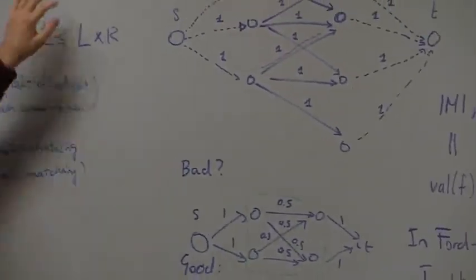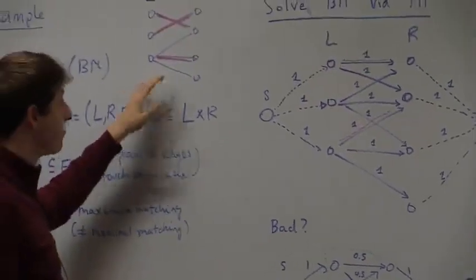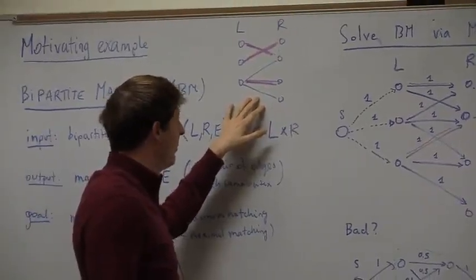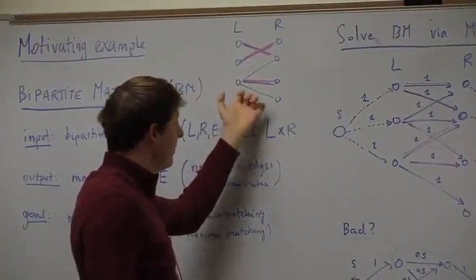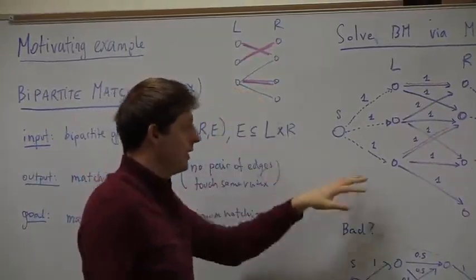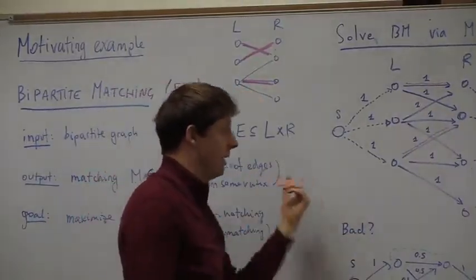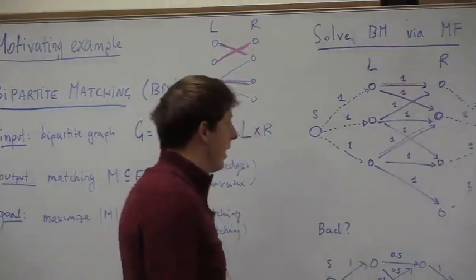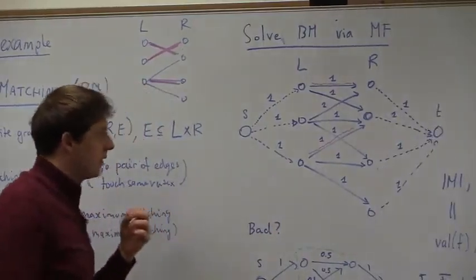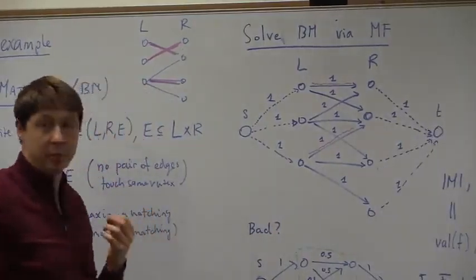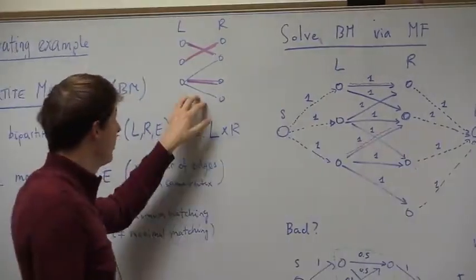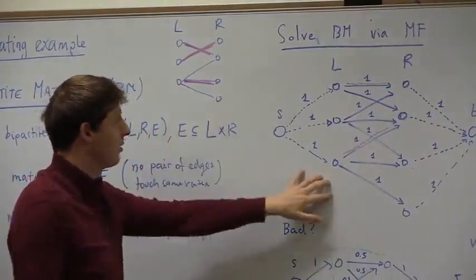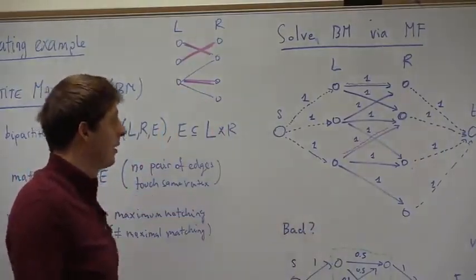We got an instance, a bipartite graph, and somehow we embedded solving the problem into something that a priori looks very different, just like networks. These are directed graphs, they have capacities. And so this was what we're going to call a pre-processing. Okay, so we pre-process the instance from an instance of bipartite matching to an instance of max flow.